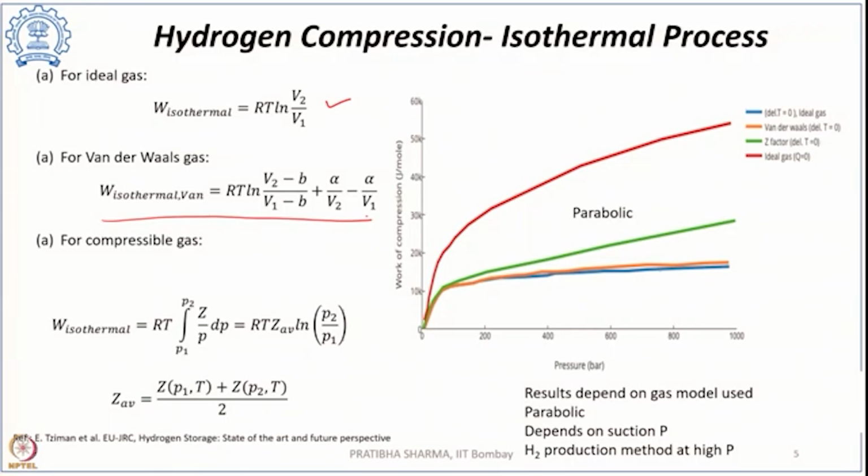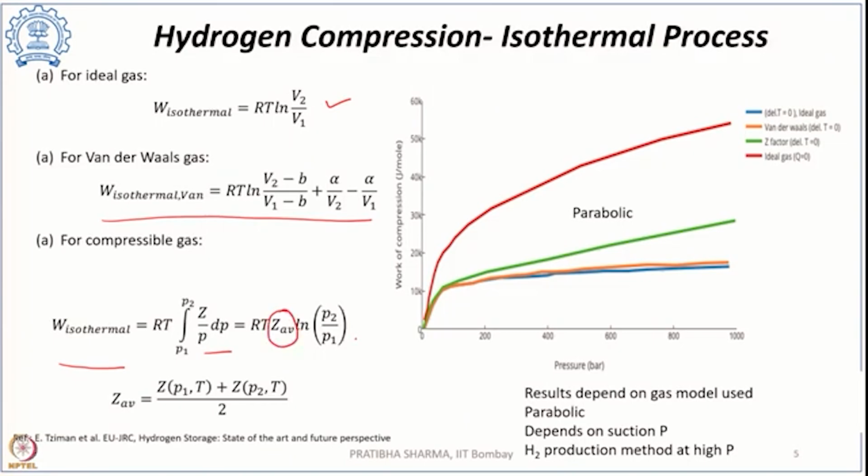However, if we include the compressibility factor as the deviation between the real and ideal gas behavior, we can write the isothermal compression work as RT times the integration from initial pressure P1 to final pressure P2 of Z upon P dP. On integration we get RT Z average ln of P2 upon P1, the pressure ratio. Now, this Z average is the average compressibility factor.